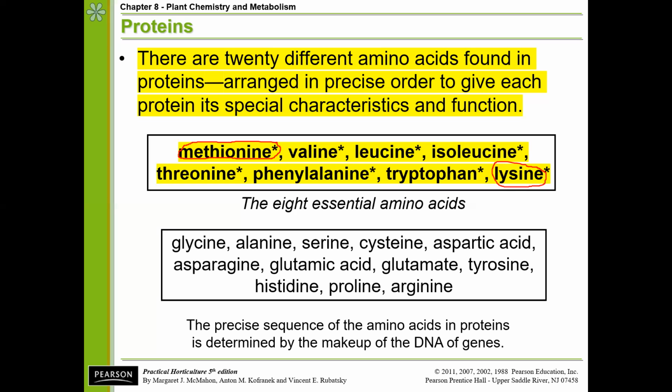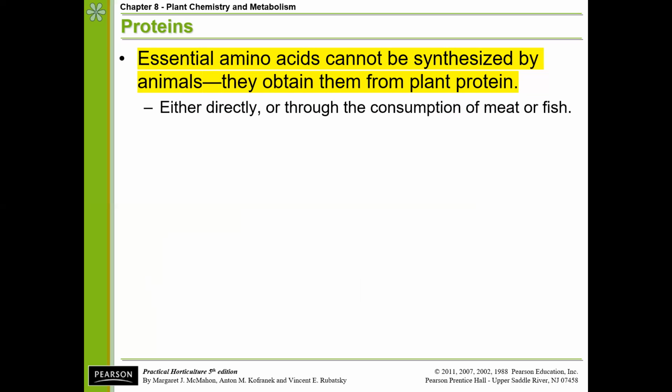There are many more, and they matter for your health. The eight essential amino acids cannot be synthesized by animals, so we get them either directly from eating grain or from those plant proteins.